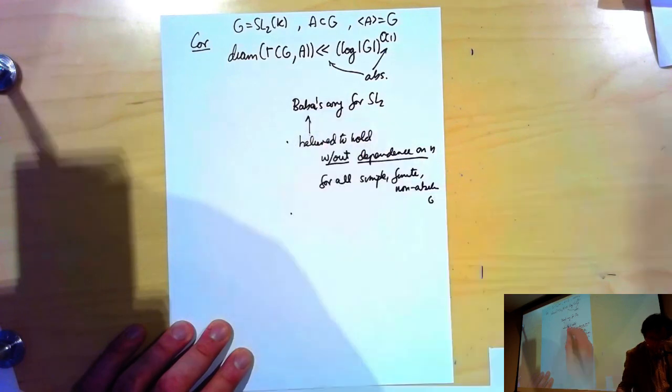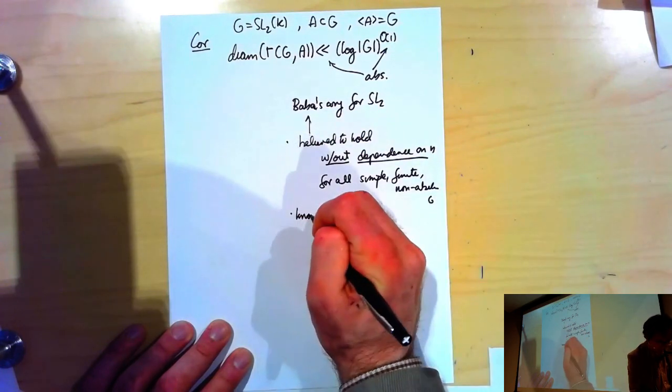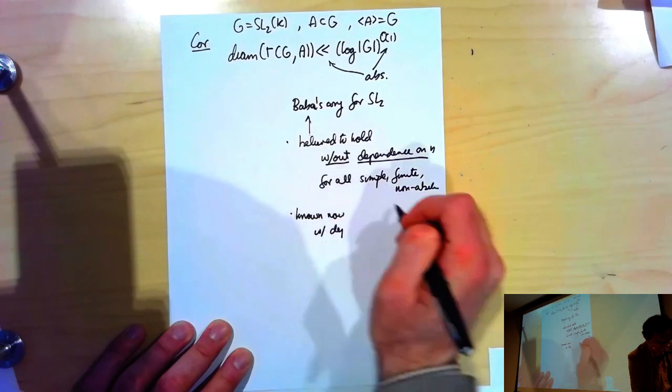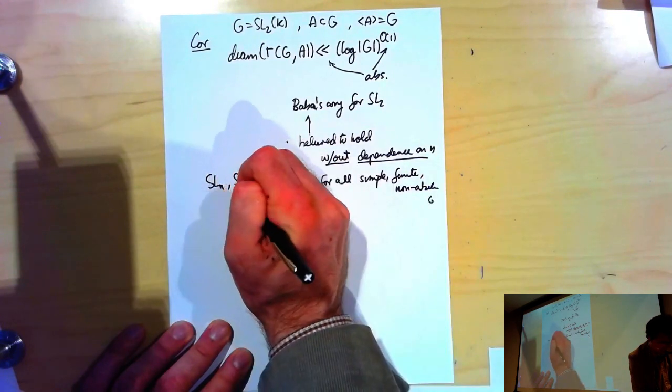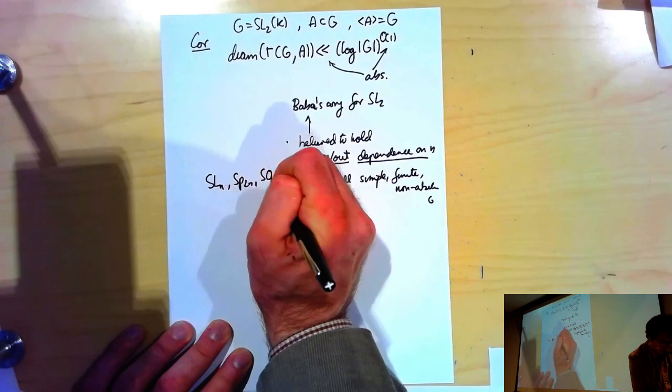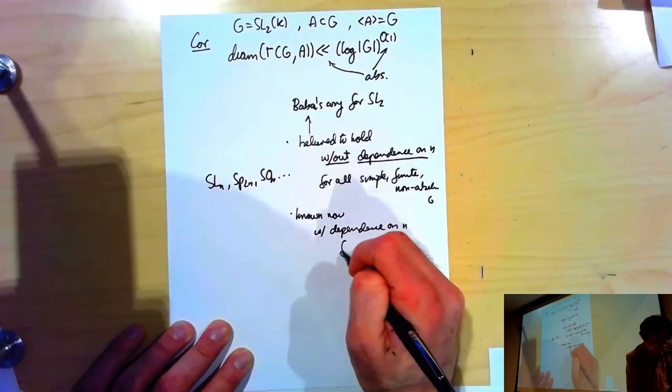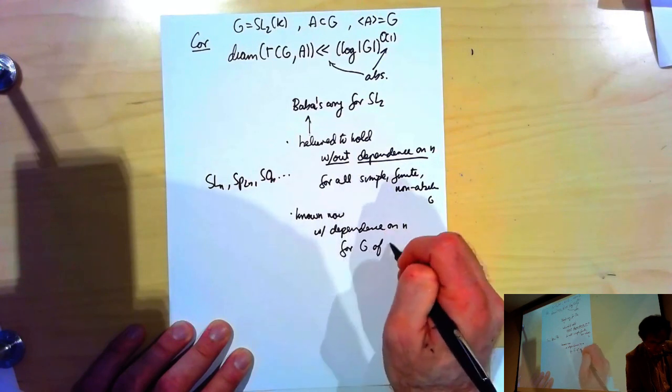And now it's known, with a dependence on n, so in SLn, Sp2n, SOn, etc., for G of Lie type.